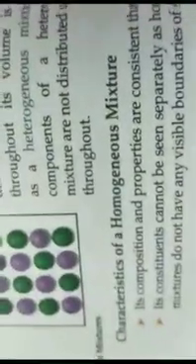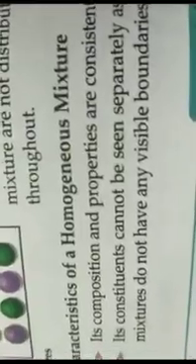So the characteristics are that its composition and properties are consistent throughout. You can see here they are consistent. Its constituents cannot be seen separately. We cannot see the tea or the water or the sugar separately. It does not have any visible boundaries to separate, right?